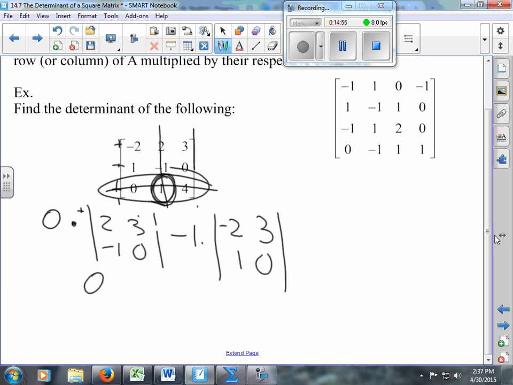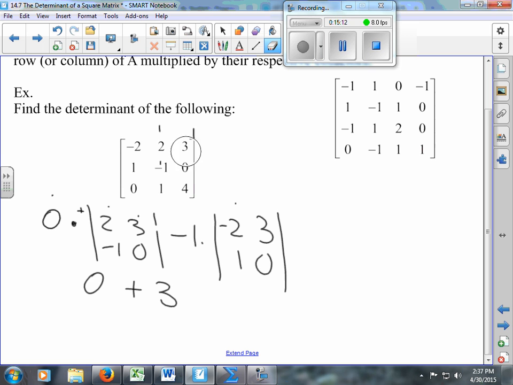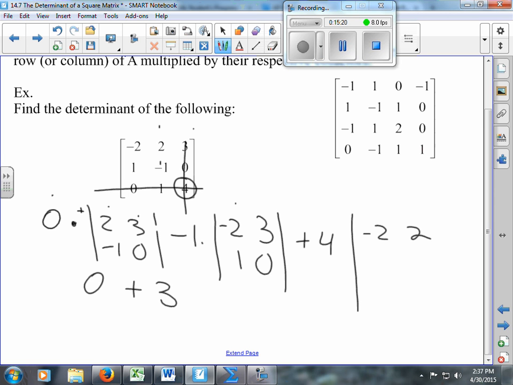So I do this, so I have 0, and then this determinant is 0 minus 3, -3, so -1 times -3 is positive 3. And so this is my first entry of the row times its cofactor. Then the second entry of the row times its cofactor. I only have the last entry of this row to do, which is 4. So I cancel its row and column, and I do the determinant of the 2 by 2 matrix that's left, -2, 2, 1, -1.